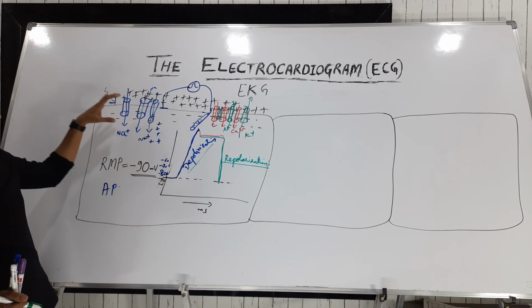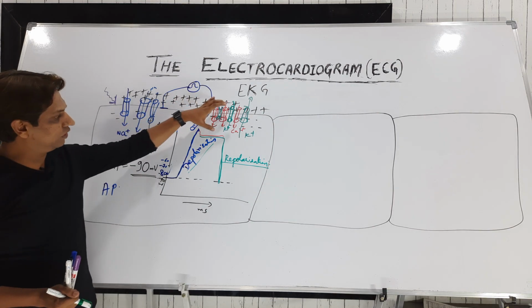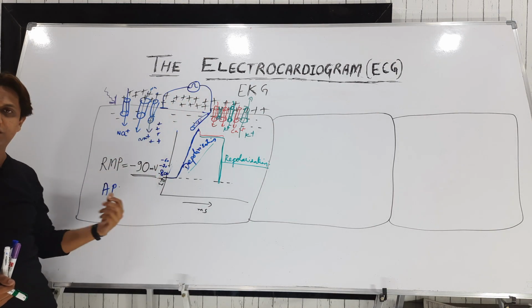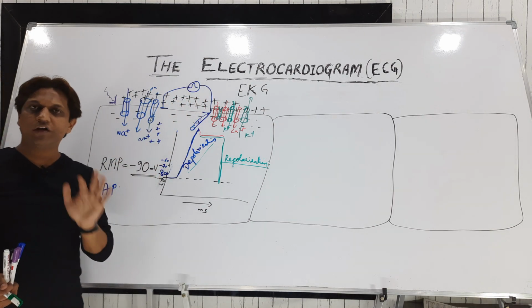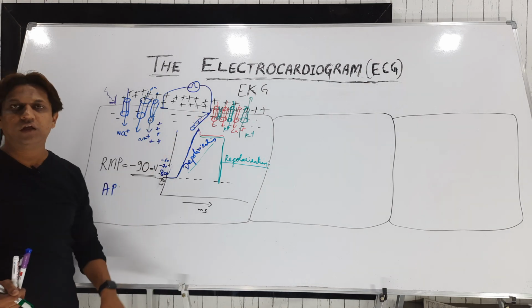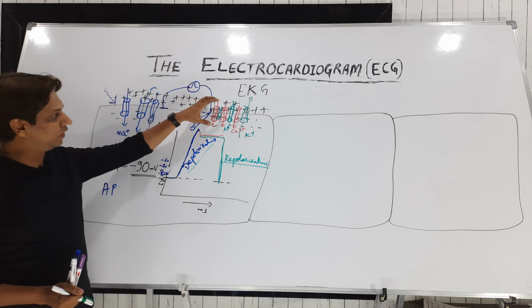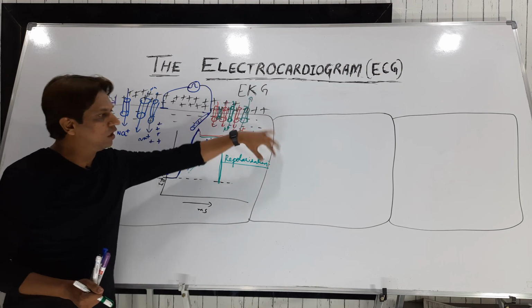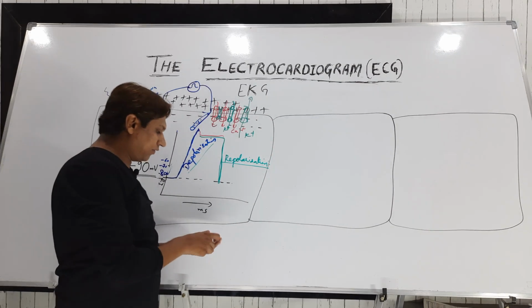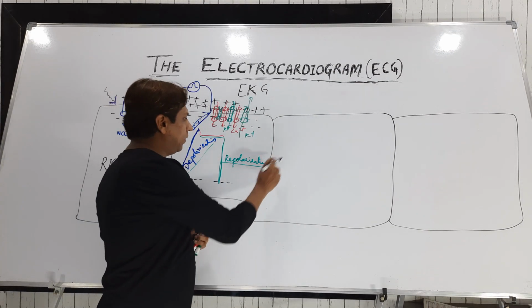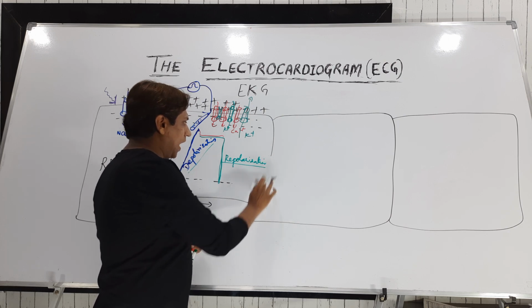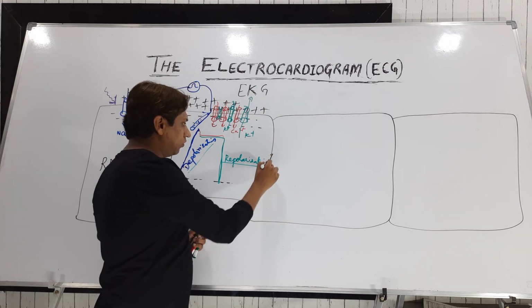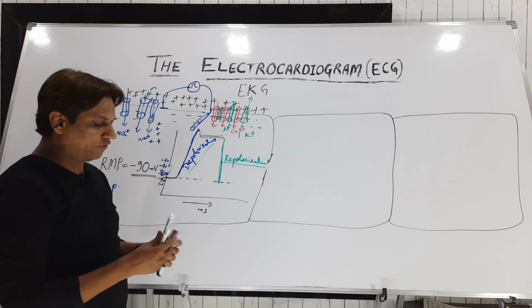Now, this electrical current which is formed in the form of action potential. The electrical activity of the heart when it is stimulated is nothing but the action potential. When this action potential is formed, it is transferred from this membrane to the neighboring cell with the help of gap junctions.